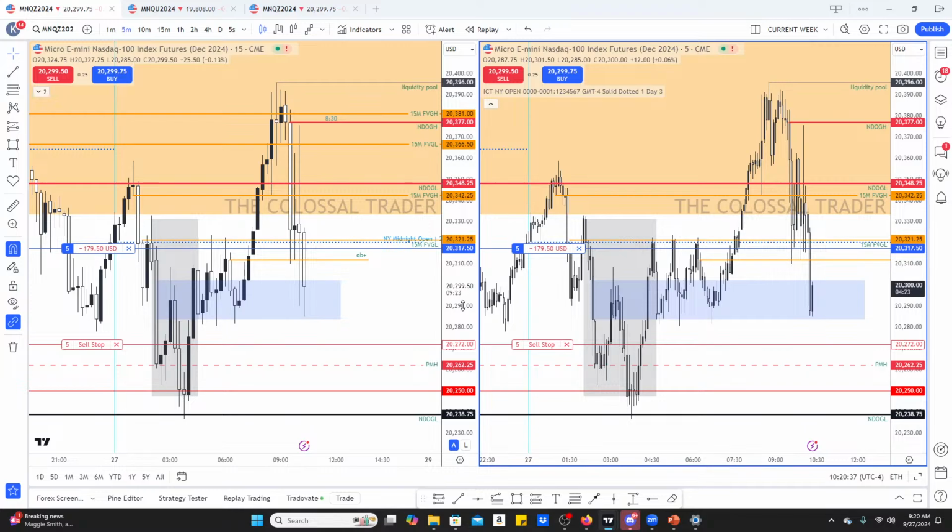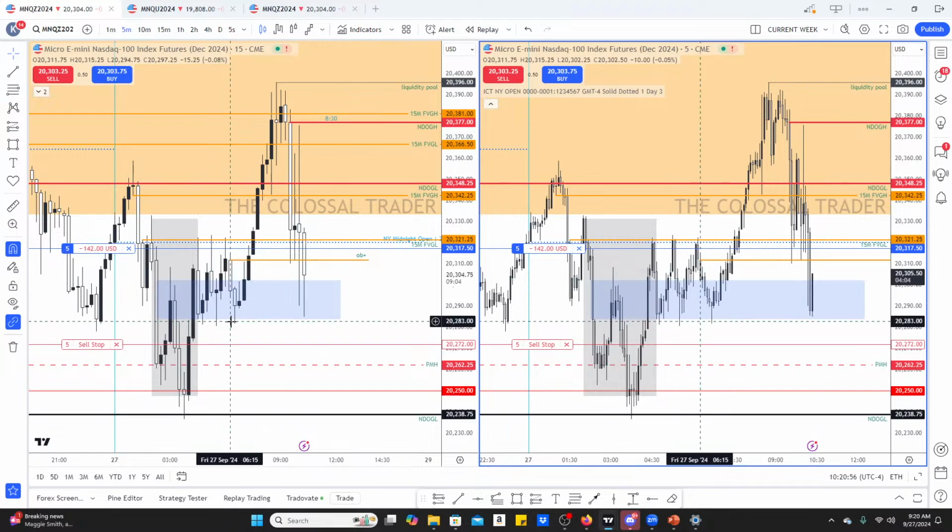Thing is, S&P. The only thing I'm hanging on is that the S&P 500 is not making these lower lows, and we still haven't closed yet outside this 15-minute fair value gap. We only wicked lower. This candle still has 9 minutes to go, but I don't like these lows here.